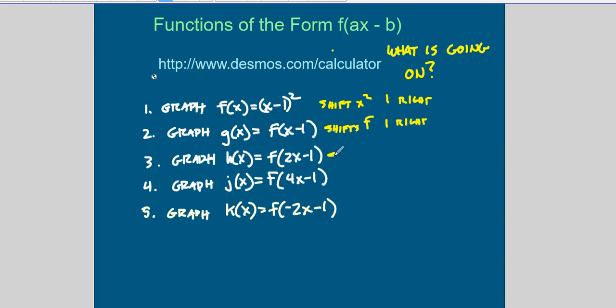So this shifts f 1 right, and then compresses it with respect to the x-axis. Or I guess we should probably say takes half the distance to the y-axis.